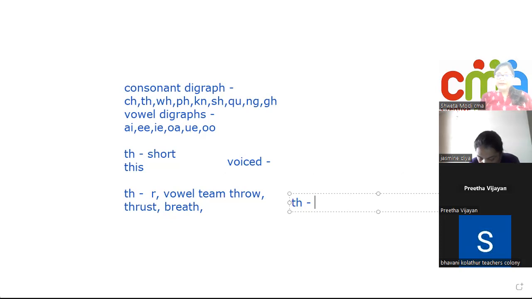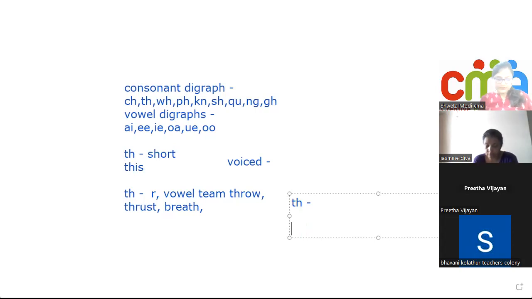Now, there are exceptions also, as every rule has some exceptions. So, thin is an exception because it has a short I sound. So there can be a few exceptions, but most of the times when you have a short sound, then it is voiced, and the word is not a meaningful one.